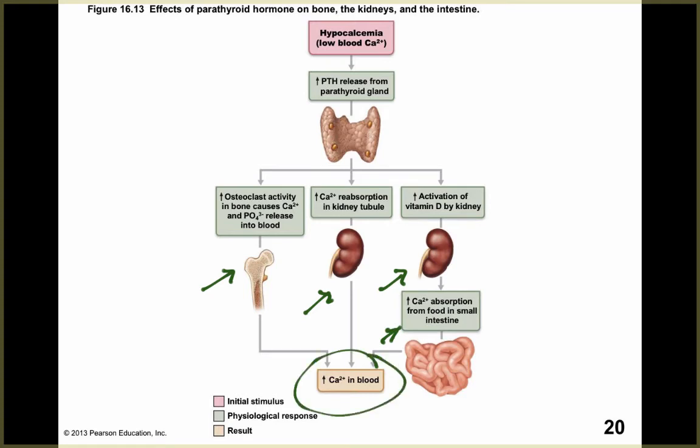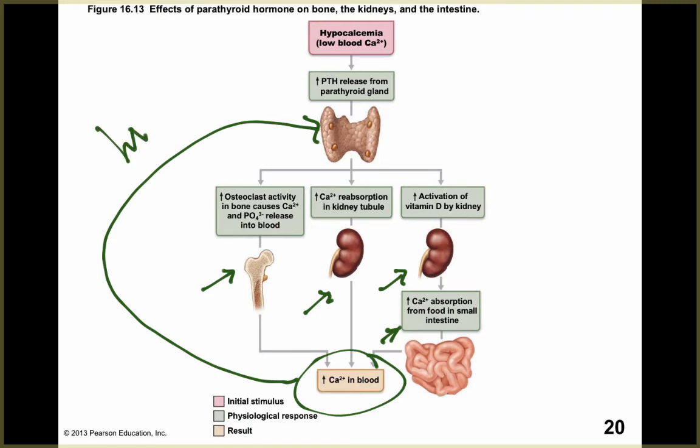All of these together will help raise calcium blood levels. Once this gets to a sufficient degree, it is going to inhibit parathyroid hormone release from the parathyroid by negative feedback.